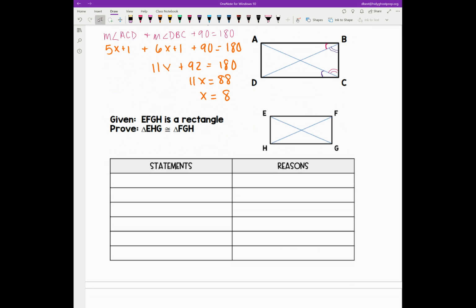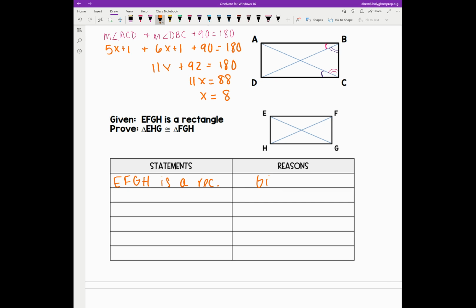Our proof practice: we have EFGH is a rectangle, and we're going to prove that the two triangles EHG, so this bottom left triangle, and FGH, kind of the bottom right triangle, are congruent. So I'm going to fill in a few of the steps, but leave it open for you to finish. Of course, start with your given information.